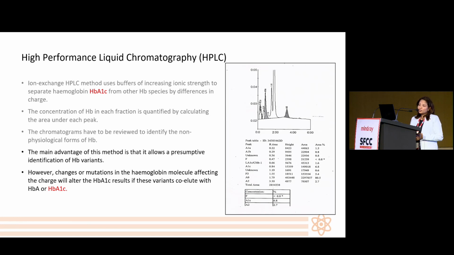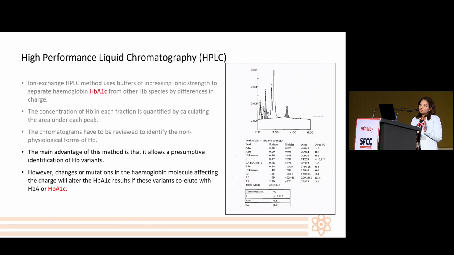The main advantage of this method is that it allows a presumptive identification of Hb variants. However, changes or mutations in the hemoglobin molecule affecting the charge will alter the HbA1c results if these variants co-elute with HbA or HbA1c.